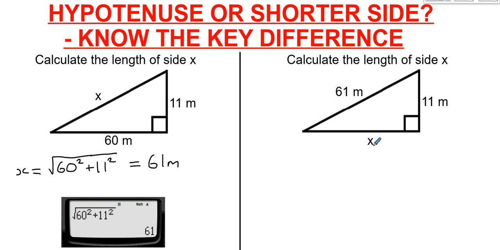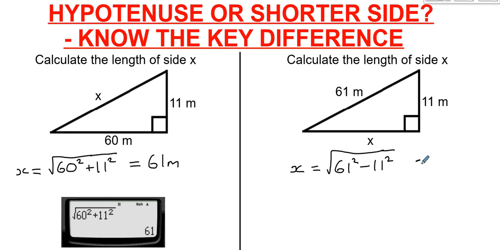Well, this time we're trying to find a shorter side. 61's the longest, the hypotenuse, 11's the other shorter side. So going back to what we had earlier, to find a short side, it's the square root of the hypotenuse squared minus the short side you do know, all squared.